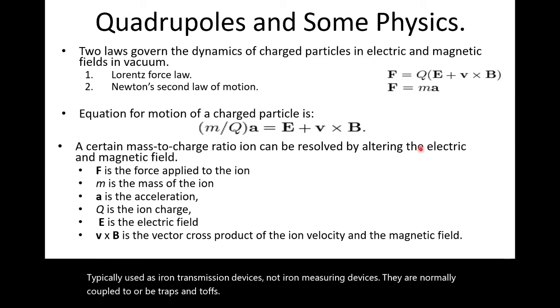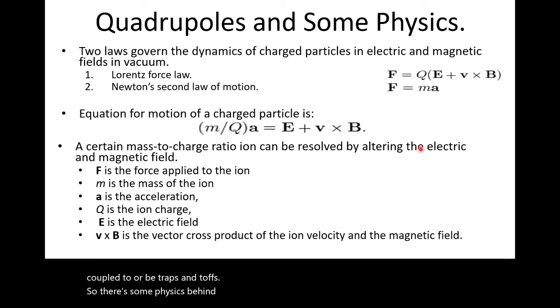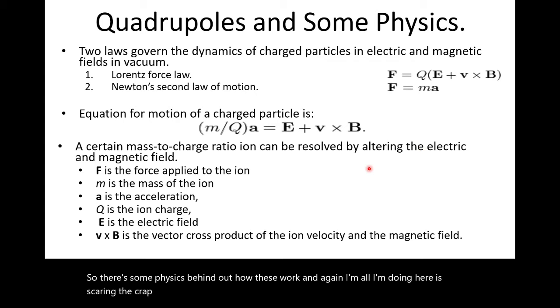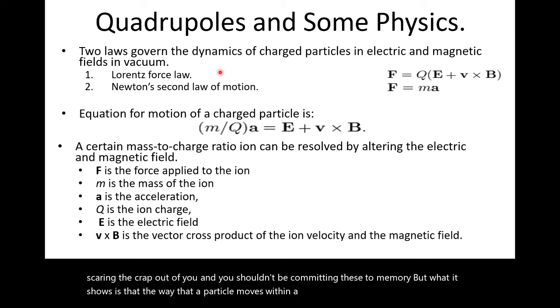There's some physics behind how these work, and again, all I'm doing here is scaring the crap out of you, and you shouldn't be committing these to memory. But what it shows is that the way that a particle moves within a quadrupole in a vacuum is dictated by these two laws.